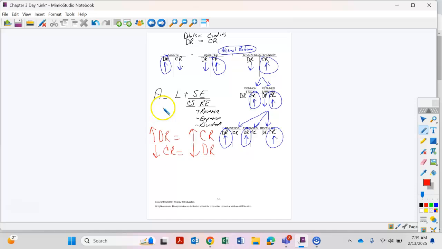So assets go up with debits. If I want to decrease an asset, I will credit. We will not actually use negative numbers. Instead, we use these debit credit rules. And also we went through and said, debits are always on the left, credits are on the right for each account.